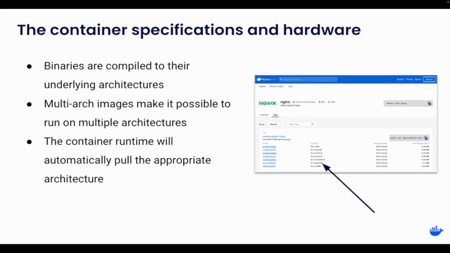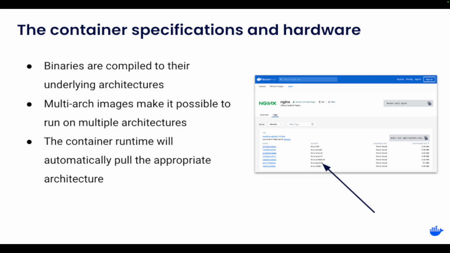Before we get into the image details, there is one question that often gets asked, which is why there are different architectures for images. Because a container is a process that's tied to a particular kernel and tied to a particular chipset, there has to be different versions to be able to support different chipsets and different OSs. So this is why you're going to see an architecture tag underneath images.